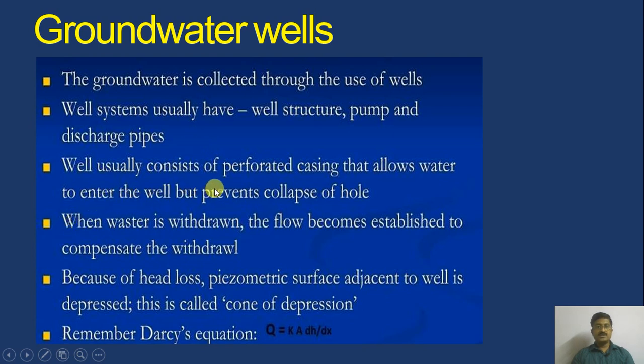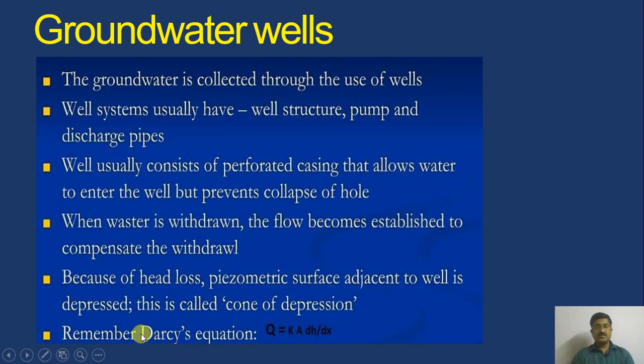A well usually consists of a perforated casing that allows water to enter the well but prevents collapse of the hole. As the water is withdrawn, the flow becomes established to compensate for the withdrawal. Because of head loss, the piezometric surface adjacent to the well is depressed, and this is called the cone of depression.